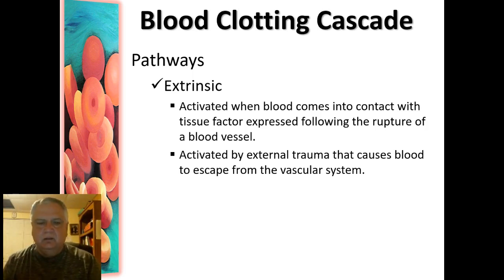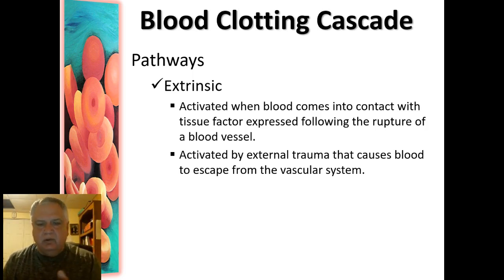Surrounding the endothelial tissue, between the endothelium and the internal elastic membrane, there is a very thin layer of connective tissue. And the cells of that connective tissue have, as an integral protein in their plasma membrane, tissue factor or thromboplastin.